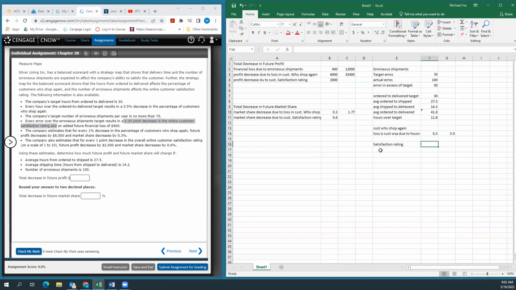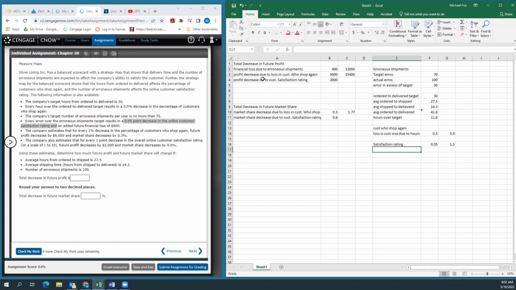So our satisfaction rating goes down 0.05 for every erroneous shipment. And since we have 30 erroneous shipments times the 0.05 gives us 1.5% reduction, or 1.5 points in our satisfaction rating change.